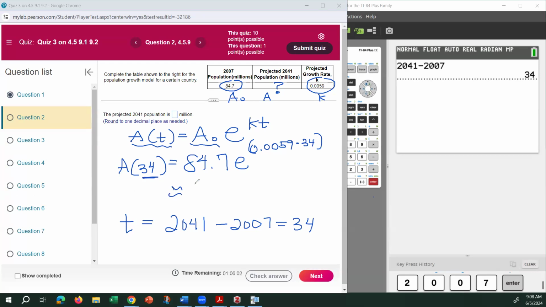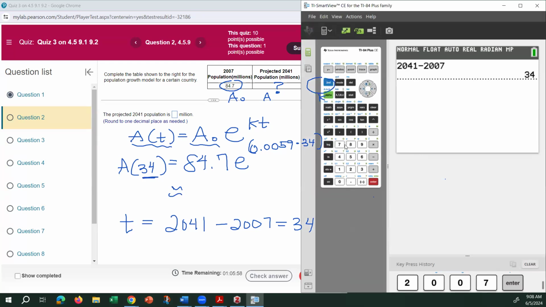Okay, so that we can plug into the calculator as 84.7 times e to the 0.0059 times 34.